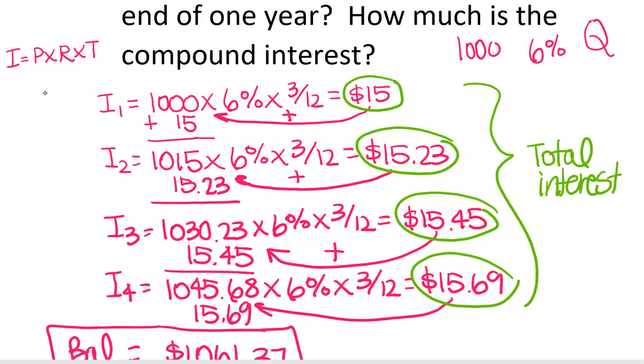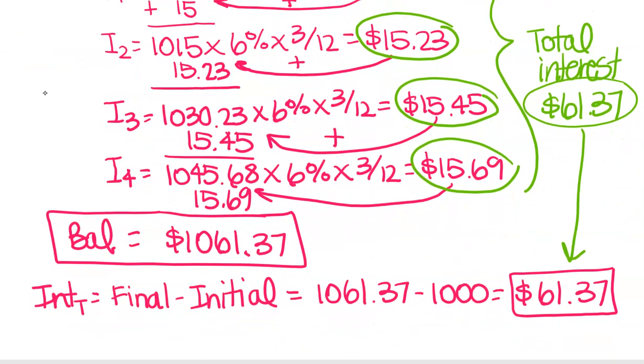So 15 plus 15.23 plus 15.45 plus 15.69 is $61.37. The same as what we did there. So two different ways to find that total interest at the end. So basically what you have to figure out is how many interest periods are there. That's how many interest calculations that you have to do.